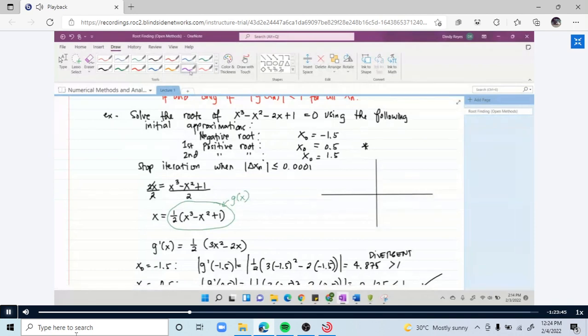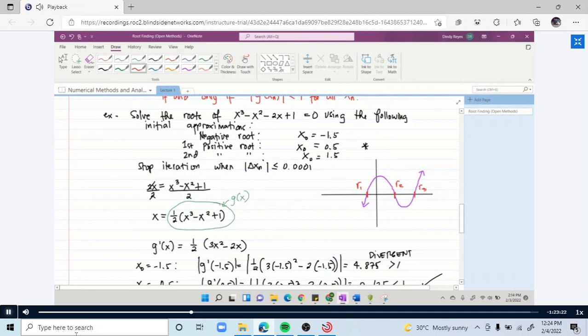Kunwari, ang itsura ng graph, kasi cubic siya, let's say it's like this. Ganyan siya. So meron siya dito na isang negative root, isang positive root, and then another positive root, no? So meron kang root 1, 2, at saka 3.